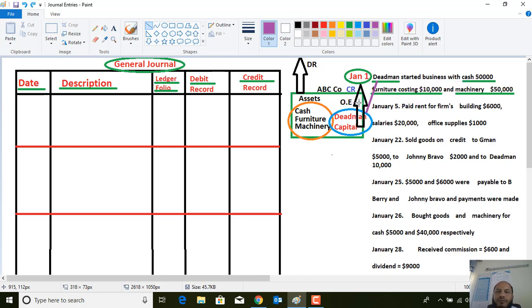Okay, good. Now let's record these three accounts which have a relationship with assets, and the one other account which has a relationship with equity, in the general journal.